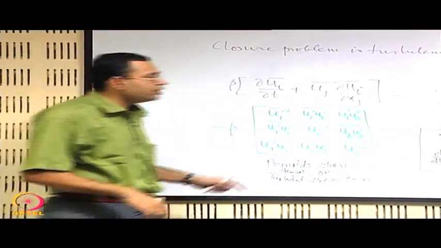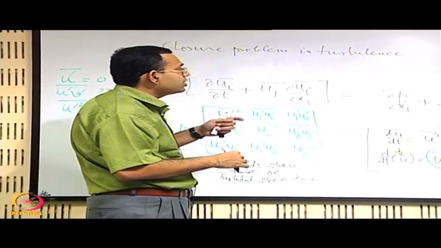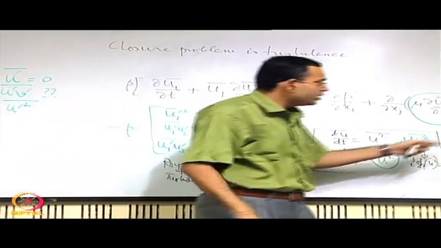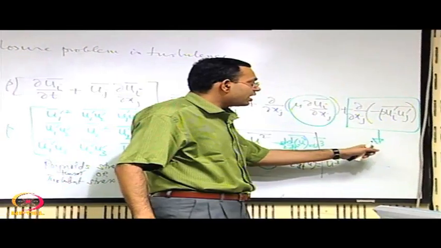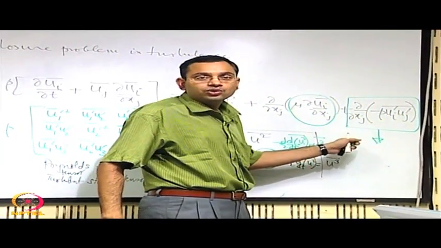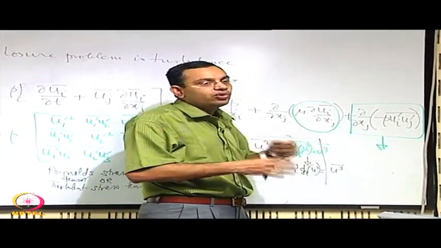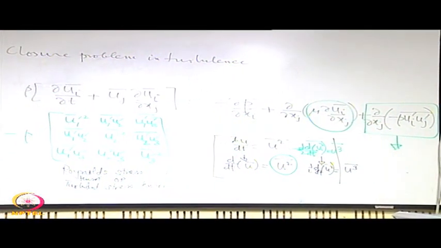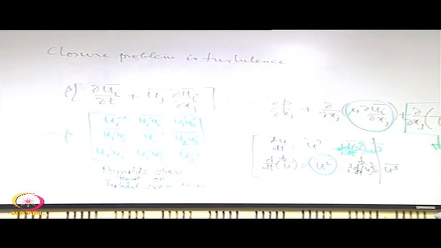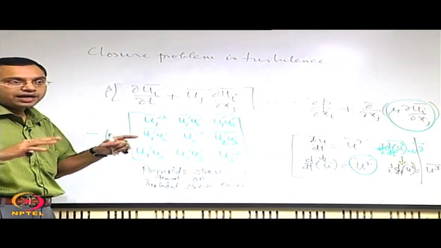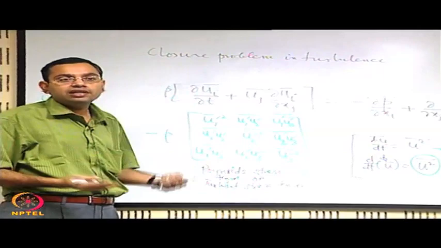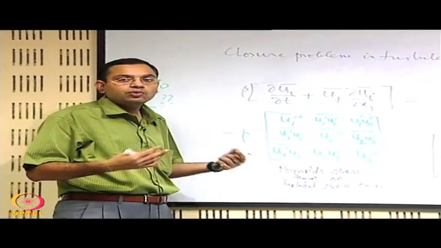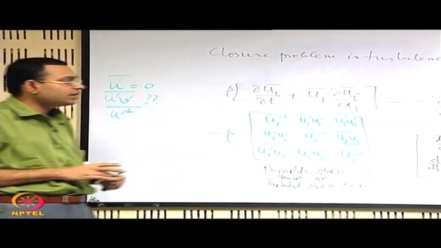The only way in which you may patch up this gap is to make a mathematical or a physical model by which you postulate this term as an equivalent of some other term which you may know or which you may pretend to know by some sort of modeling. That modeling will not be exactly the physical reality, but it might be an approximation of the physical reality, and that is the job of the modelers in turbulent flow analysis, and that is the job of turbulence modeling.